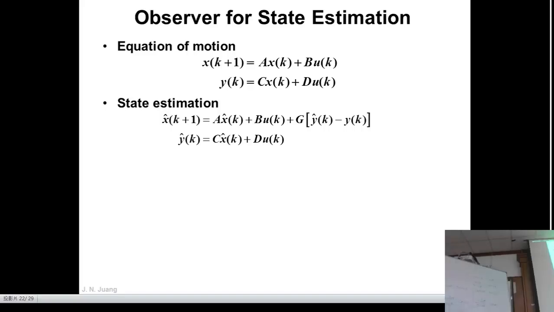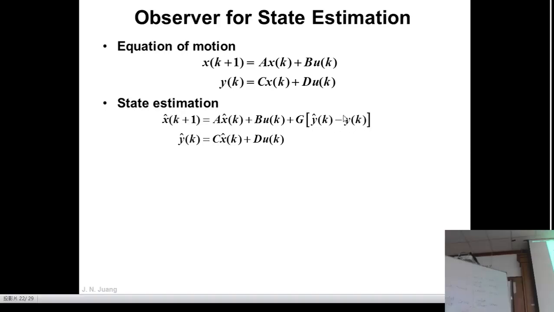See, this is the true equation of motion. This is the estimated state. It's not exactly the same as that one. So I write the state estimation with hat: x hat k plus 1 equals A x hat k plus B uk plus G times y hat k minus yk.